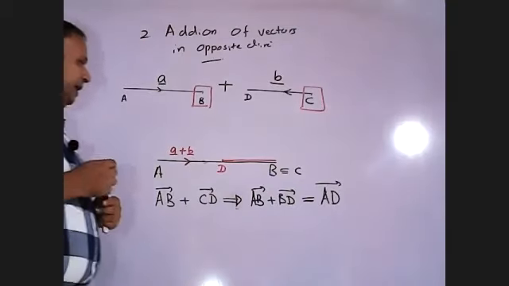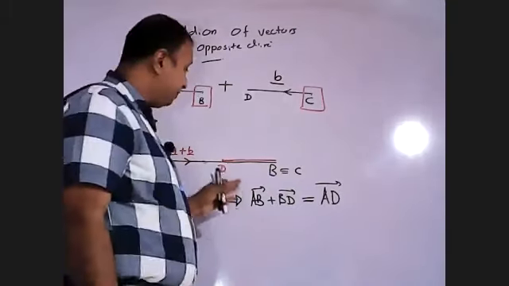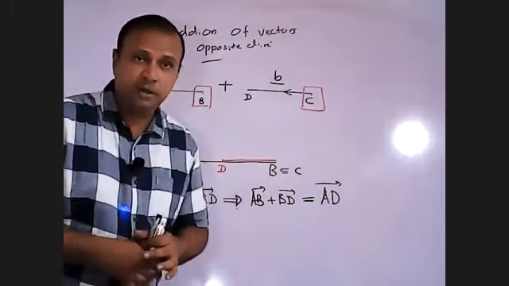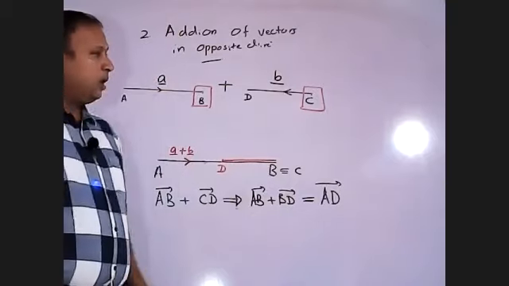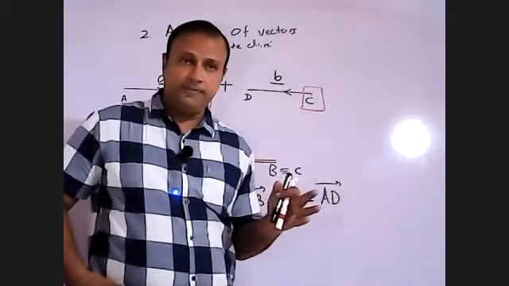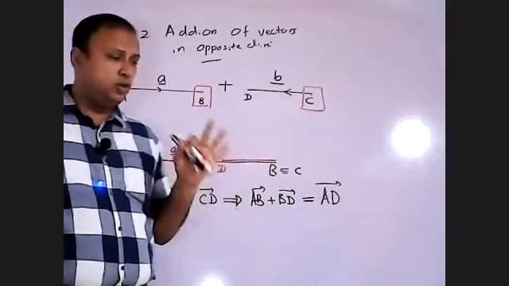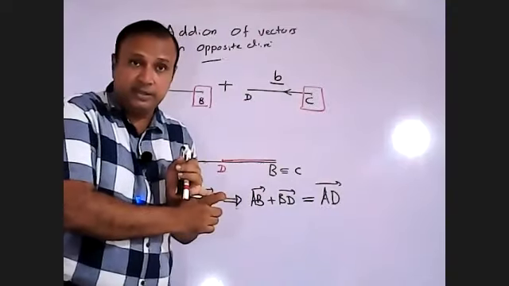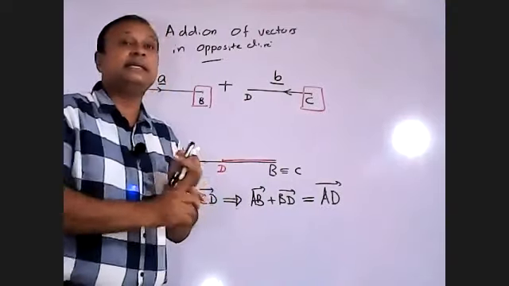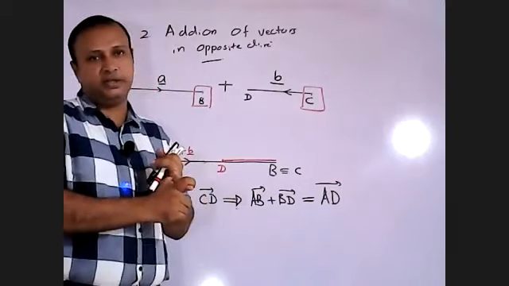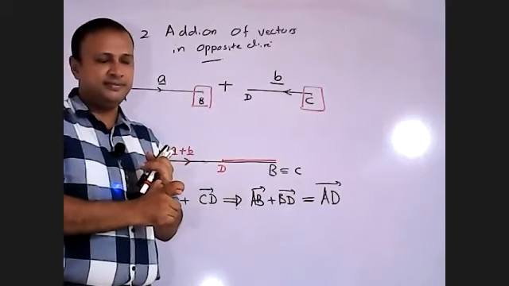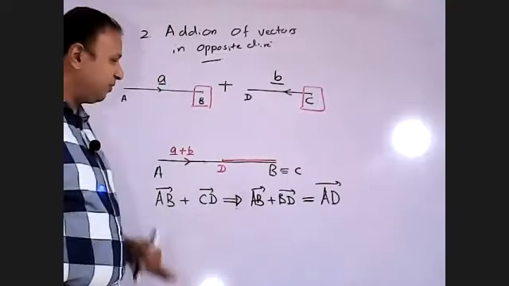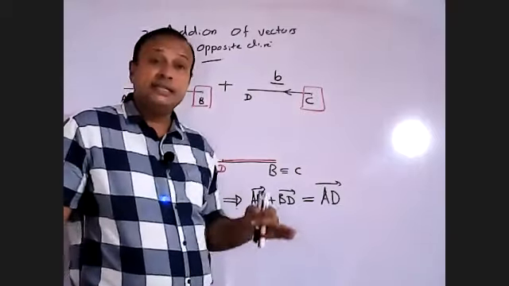Now I did this calculation using the principle of vector addition. If you are asked to find the addition of two vectors, you should give two data. The first one is the magnitude of the resultant vector. The second is the direction of the resultant vector.